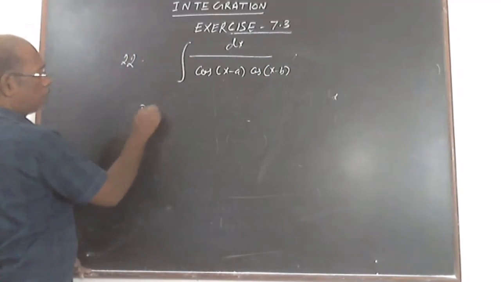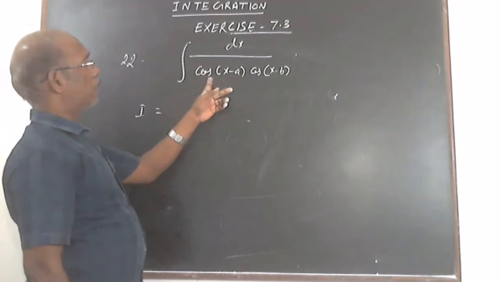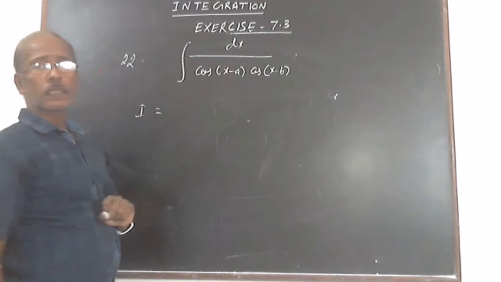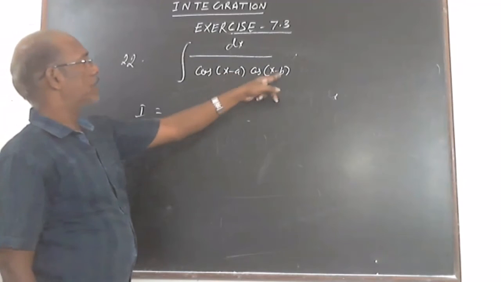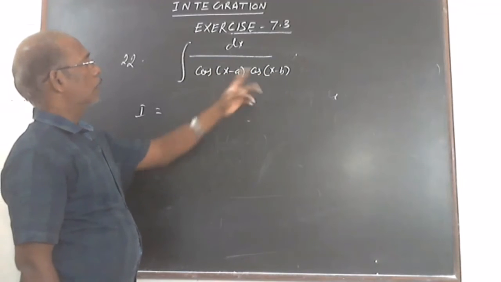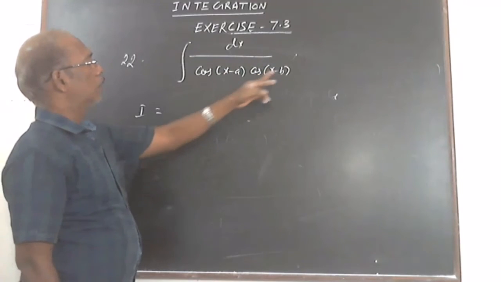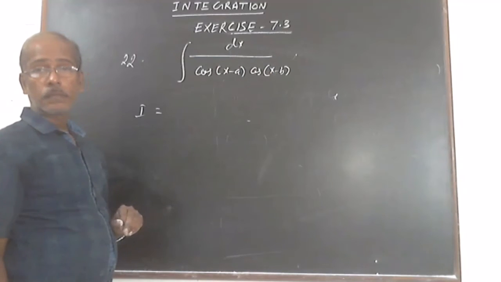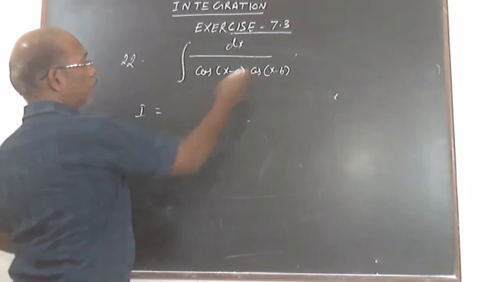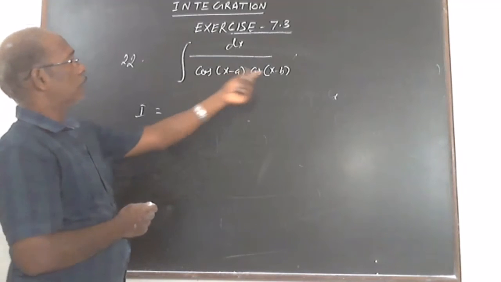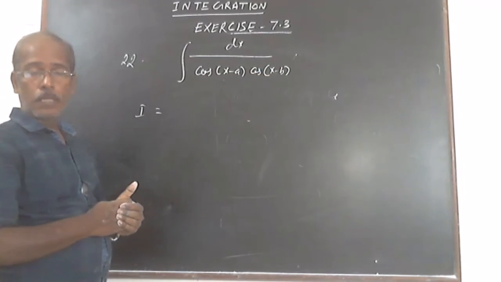And remember, student, in the denominator is the product of cos and cos, and the difference of these two angles is constant. What is the difference of these two angles? This minus this, a minus b. So a minus b is the difference of these two angles, which is constant.